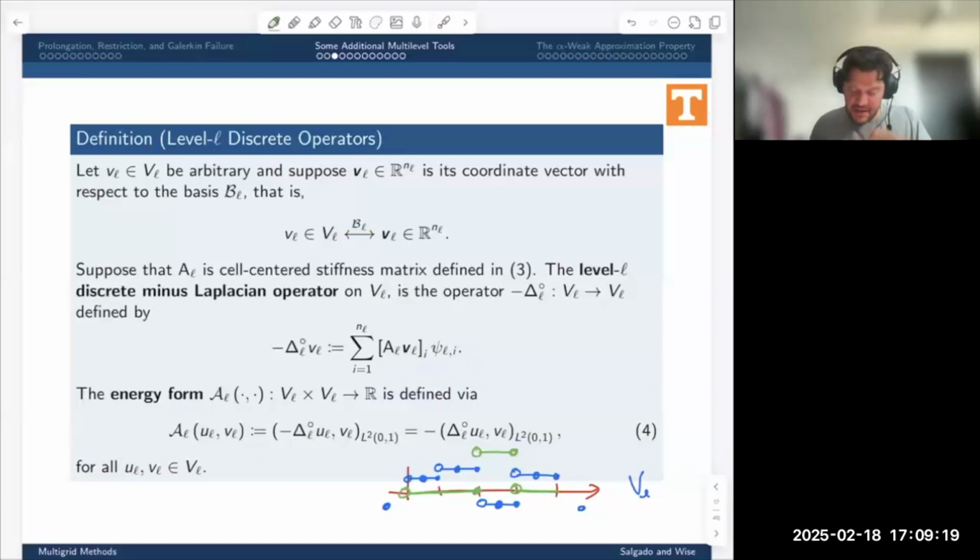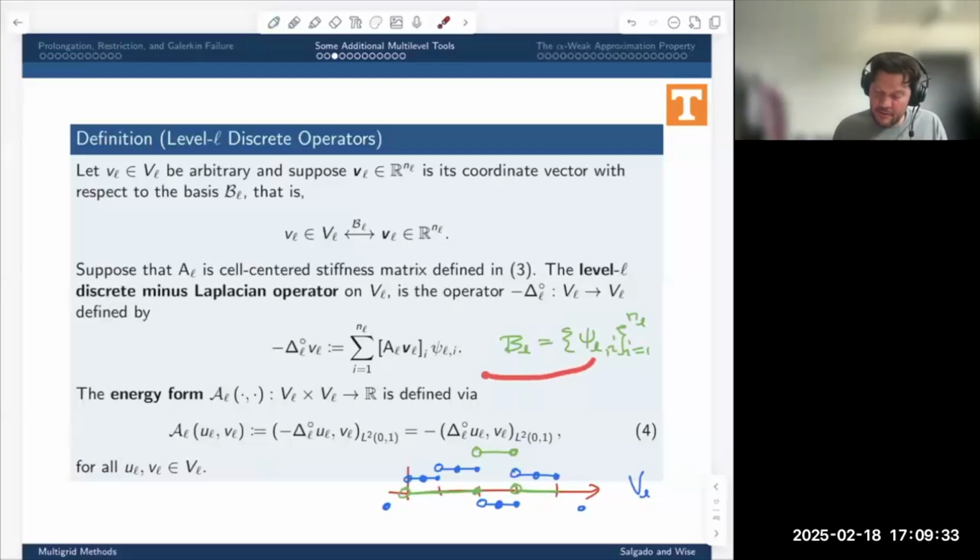I probably should have said BL is the set of basis functions psi i, i equals 1 to NL. Just to remind you, these are the basis functions, and those are going to go right there. So basically, all I'm telling you is what that new basis expansion is.